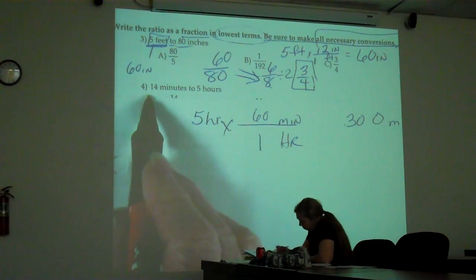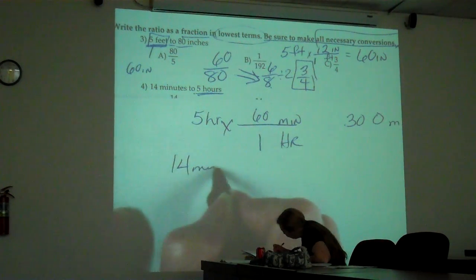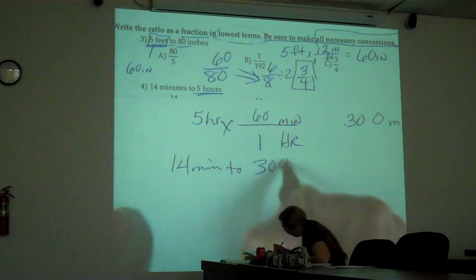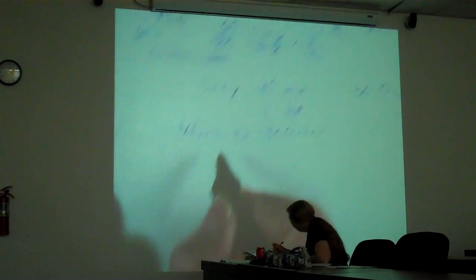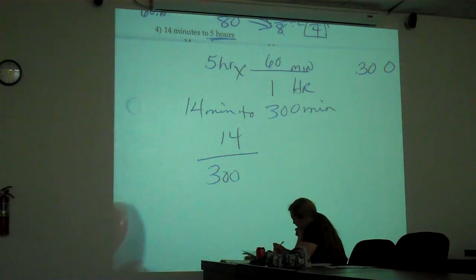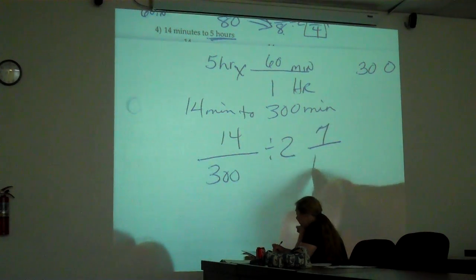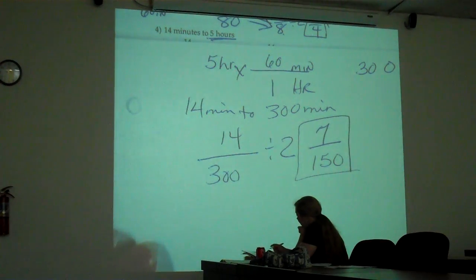So you have 14 minutes to 300 minutes. Now that they're both the same unit, you'll have 14 to 300. To reduce that, what can you divide by? 2. Yeah. And you can't divide anything more, so that's as far as you go.